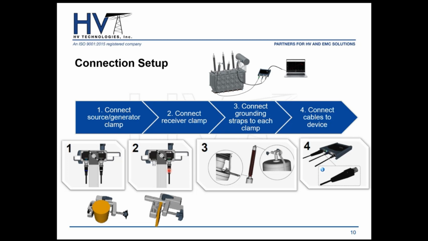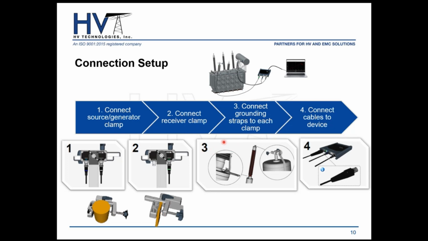Also, each cable is color coded at each cable end and at the instrument. So just match the colors and make sure that you don't have any connection errors. The clamp design, as you can see down here, will accommodate bushings with cylindrical terminals or flat terminals.